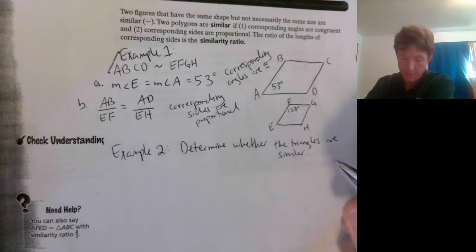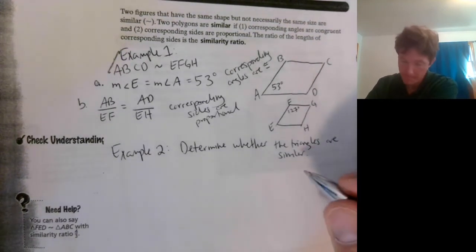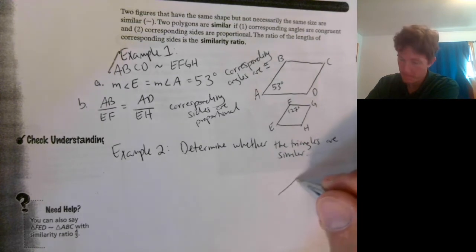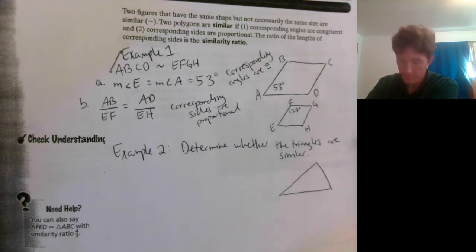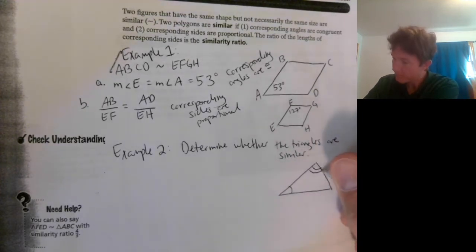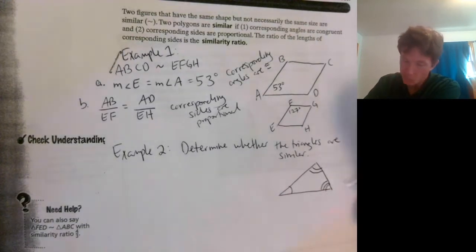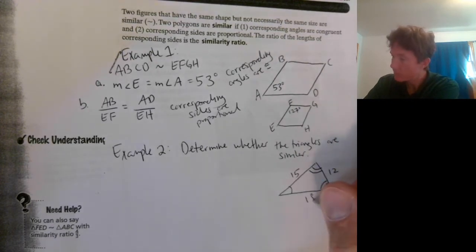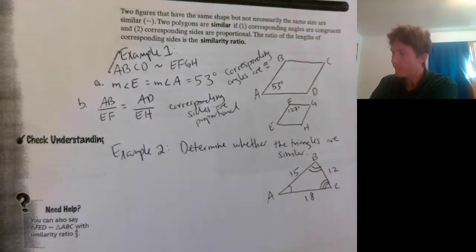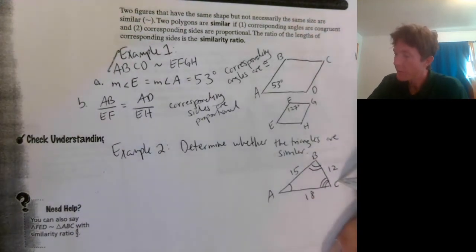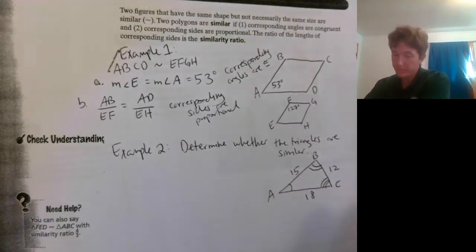So here are our triangles. This is ABC with sides 15, 12, and 18.